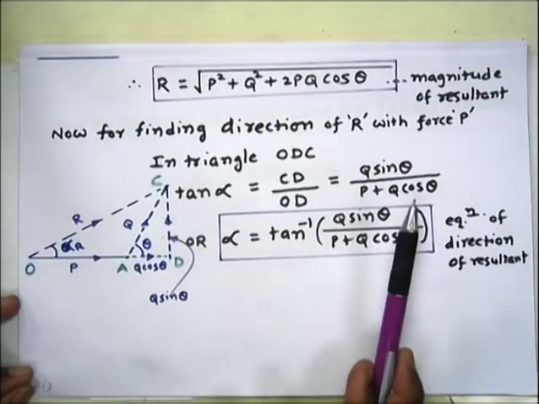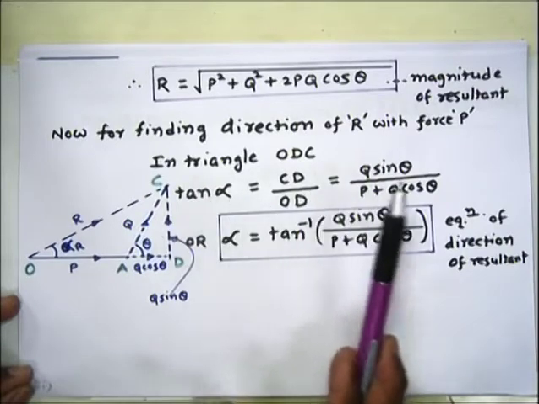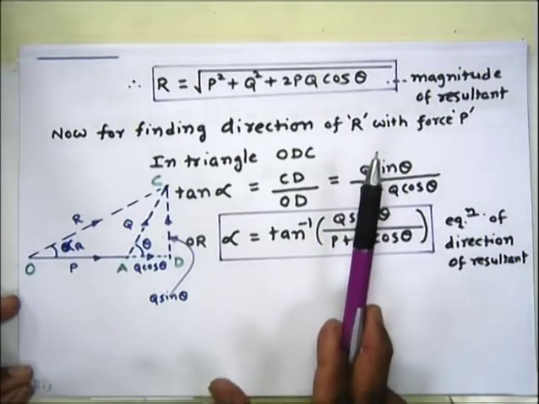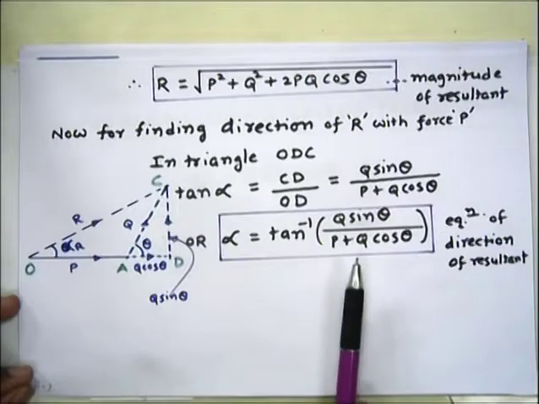So it is written here. So alpha can be given as tan alpha is equal to this value, so alpha is equal to tan inverse of this value. So it is given as tan inverse Q sine theta divided by P plus Q cos theta.